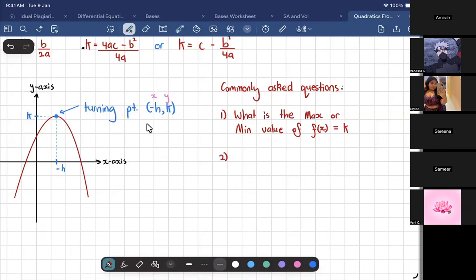Number two, another question they like to ask is, what value of x does this occur at?